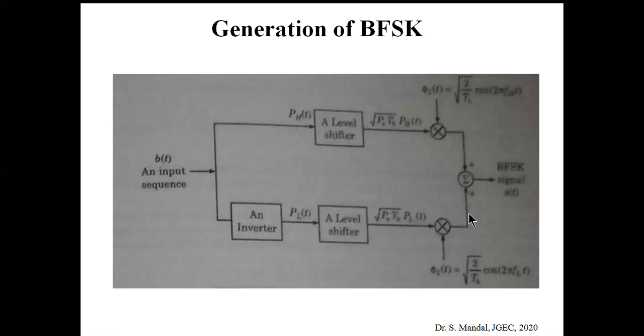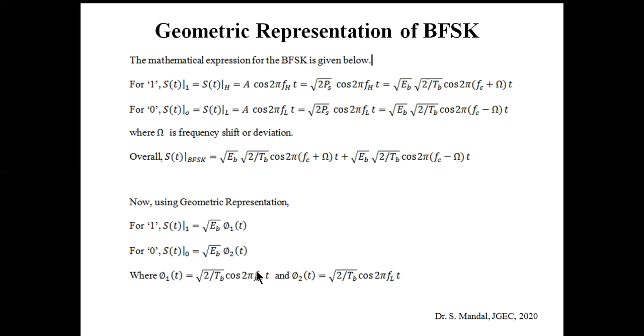But in this case, for the binary sequence 0, there will be a carrier with low frequency, and for 1, there will be no carrier. So that is the necessity of an inverter, so that ultimately we get both of these equations.